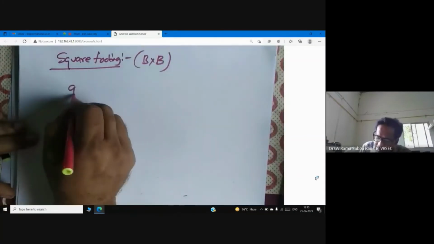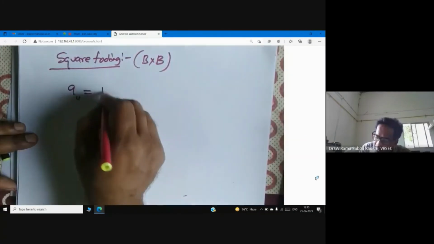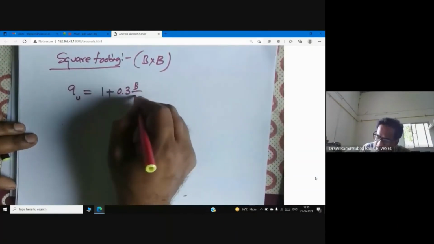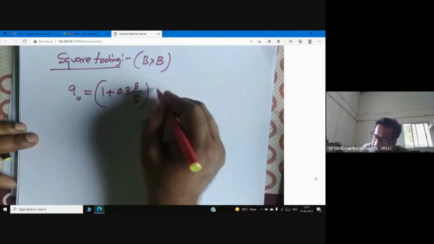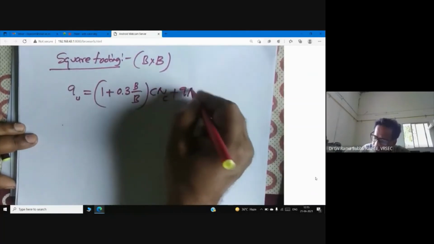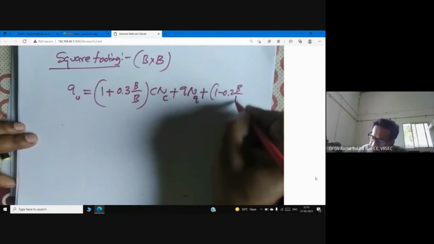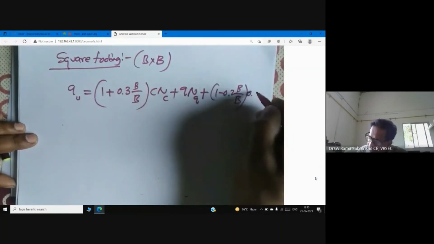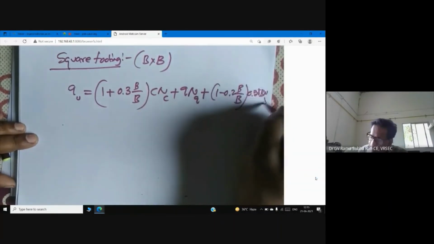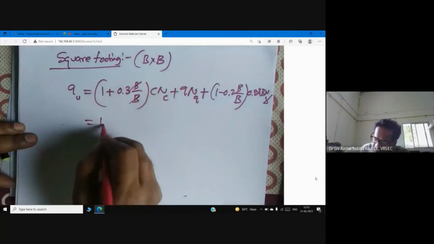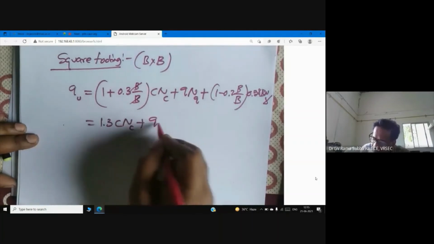Now what is the equation? Qu equals 1 plus 0.3 B by B, c Nc, q Nq, plus 1 minus 0.2 B by B, 0.5 gamma B N gamma. So now we are getting B by B is 1. What is the answer? 1.3 c Nc, q Nq.